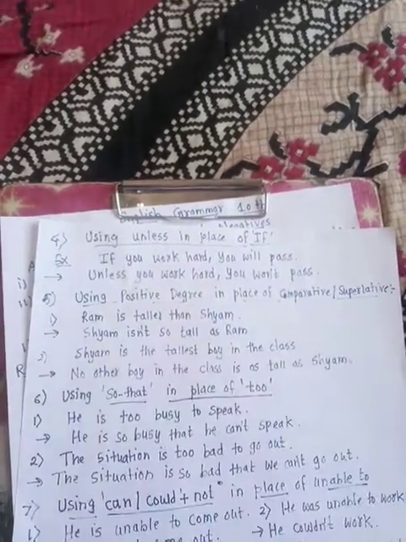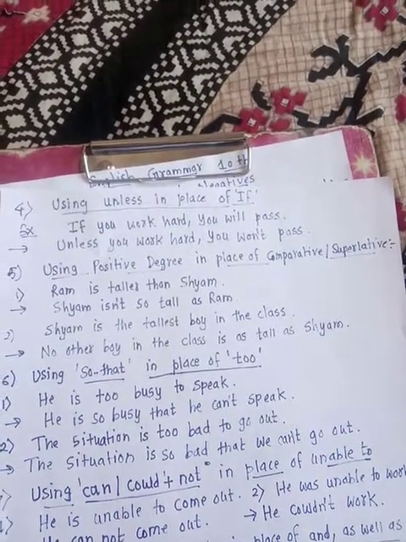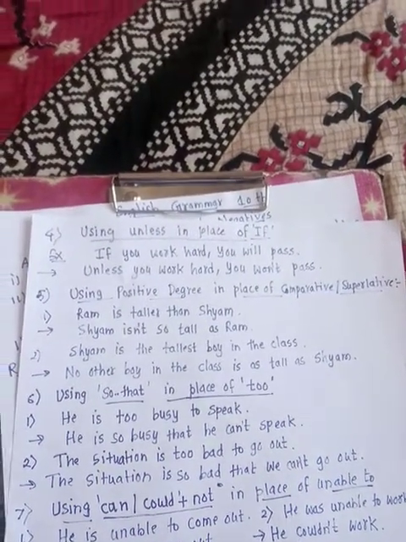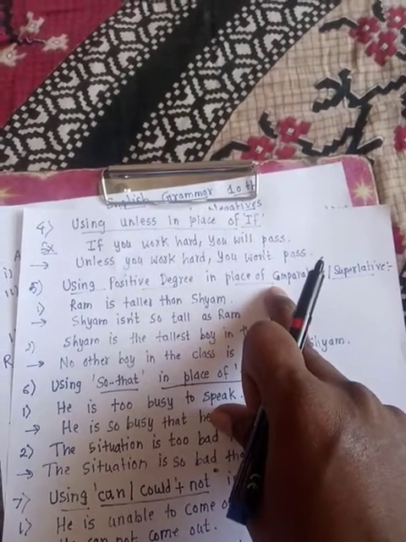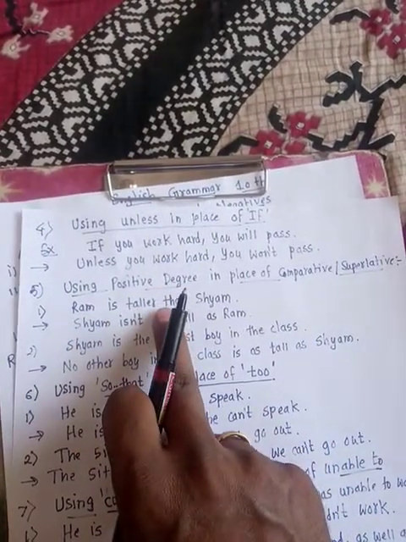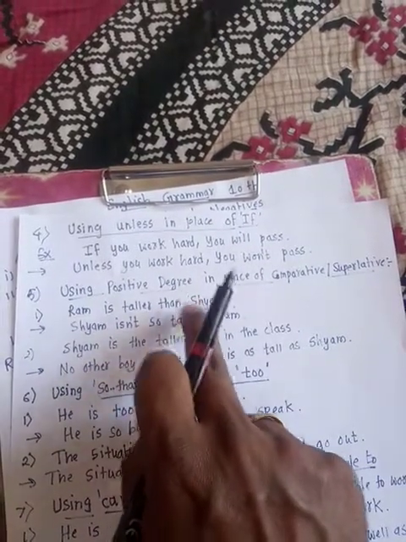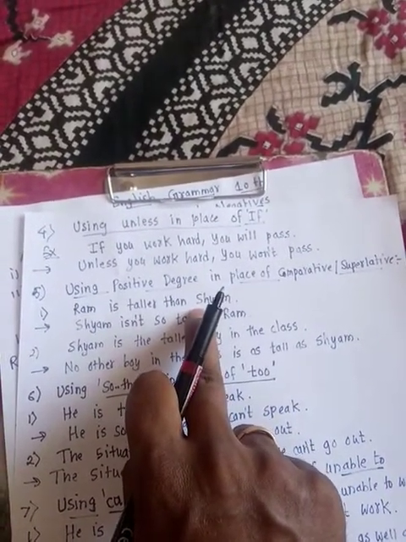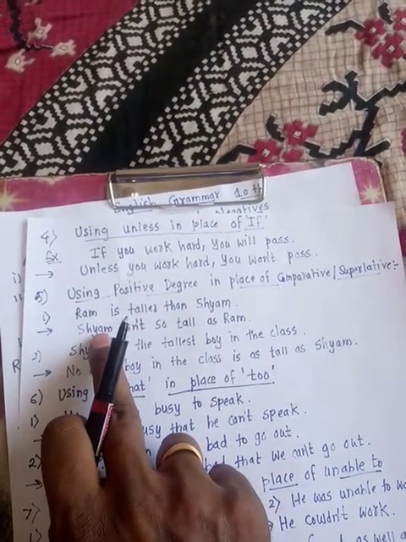In this way you can do it using the positive degree in place of comparative or superlative. This one we are going to study in detail in the coming lessons. So this is the positive degree, comparative degree. Ram is taller than Sham. When er plus than is taken, that is the comparative degree. So you have to start with the positive degree.